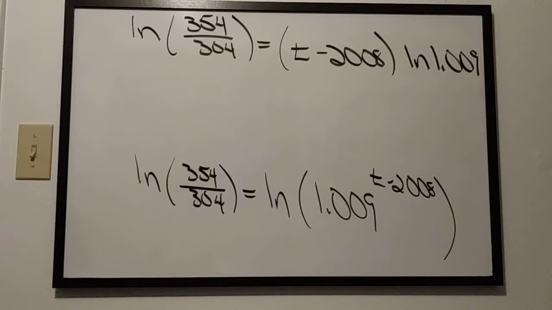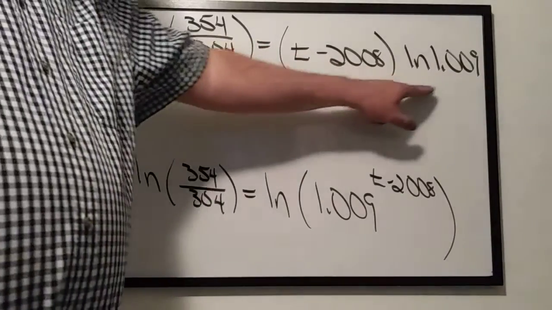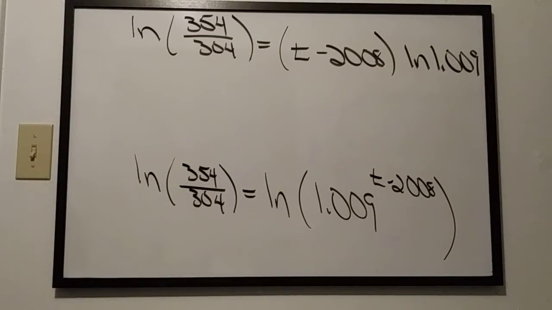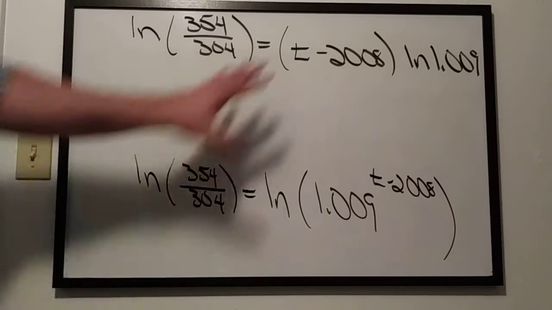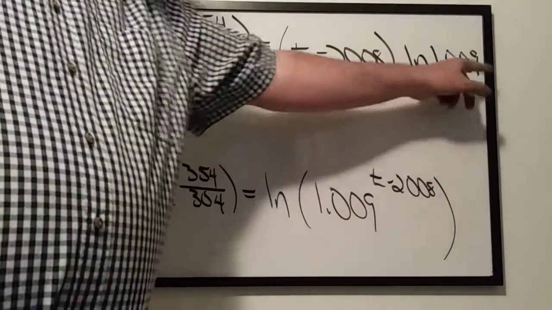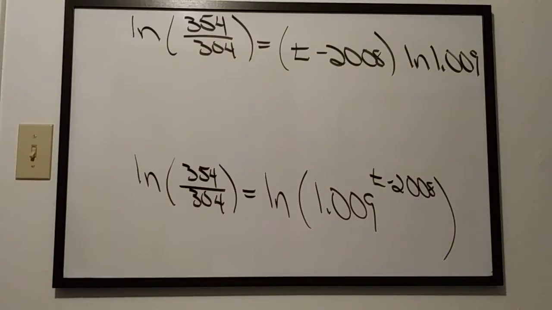Now, once again, at this point, there are lots of different ways that I can move forward. My goal here is to get that t alone. So one thing that I could do at this point is distribute the natural log of 1.009 through to both terms on the right-hand side. I could do that. However, I'm also noticing something else that I could do. Notice this whole expression in the parentheses is connected to the natural log by multiplication.